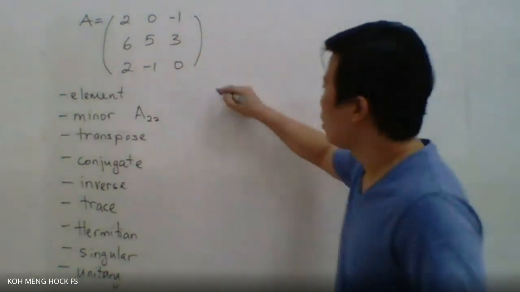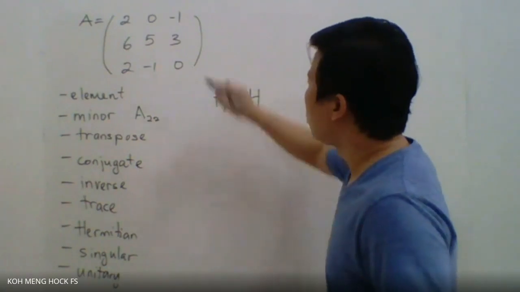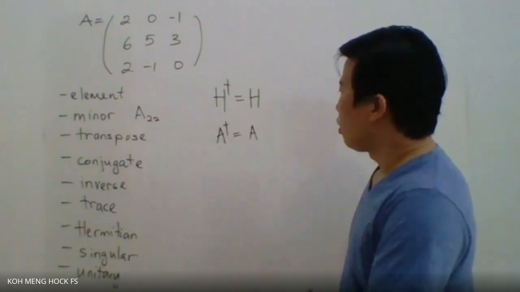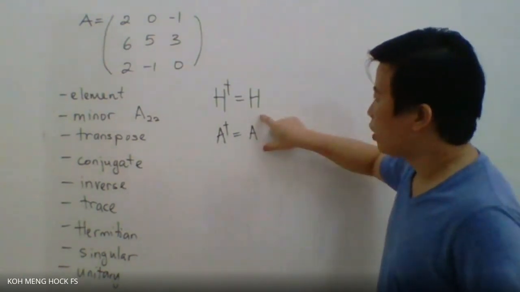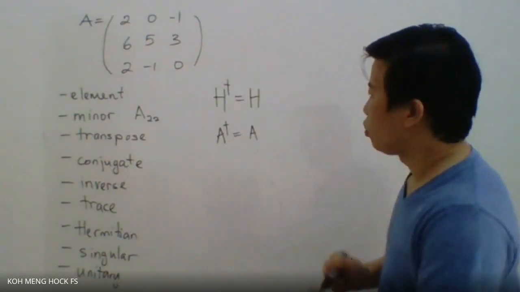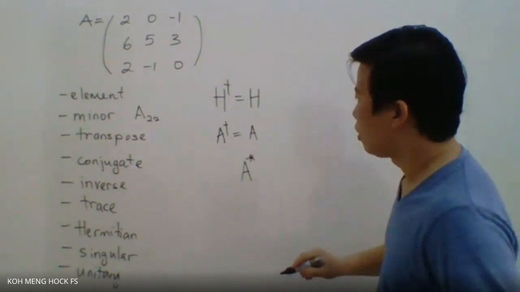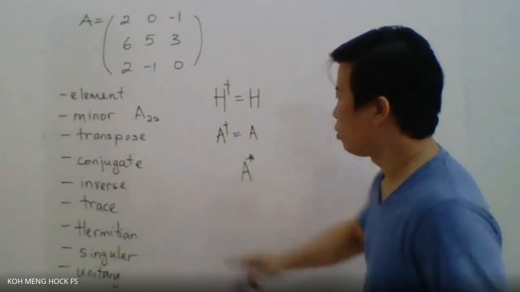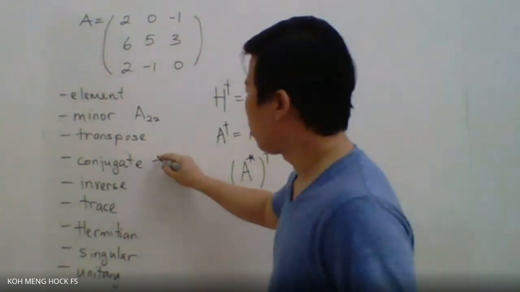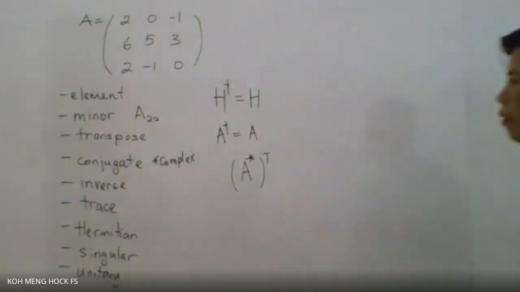Right, Hermitian is very simple in this case. Hermitian means you have A dagger equals A. If you have an original matrix and you take the conjugate of it, meaning the complex conjugate, and then you take the transpose.